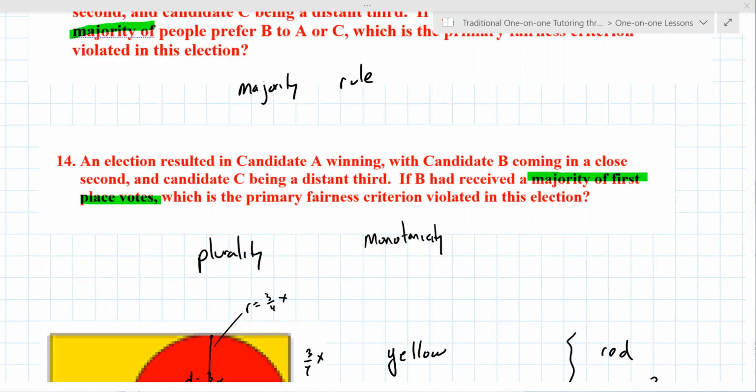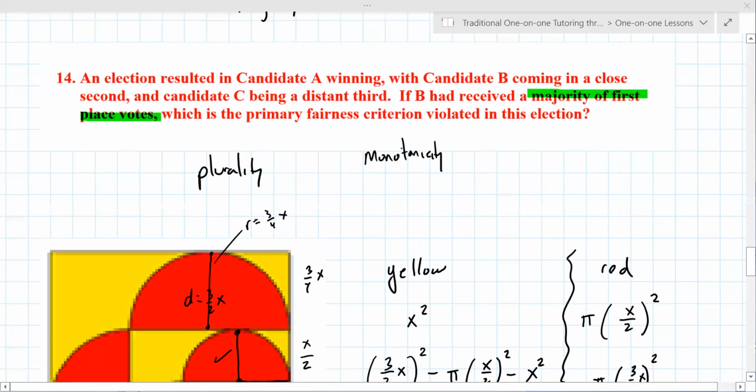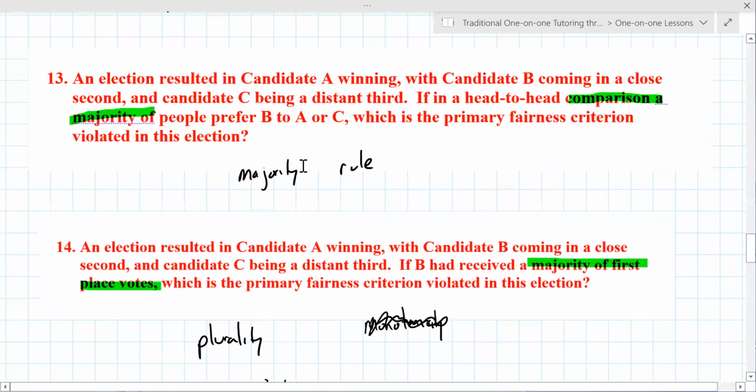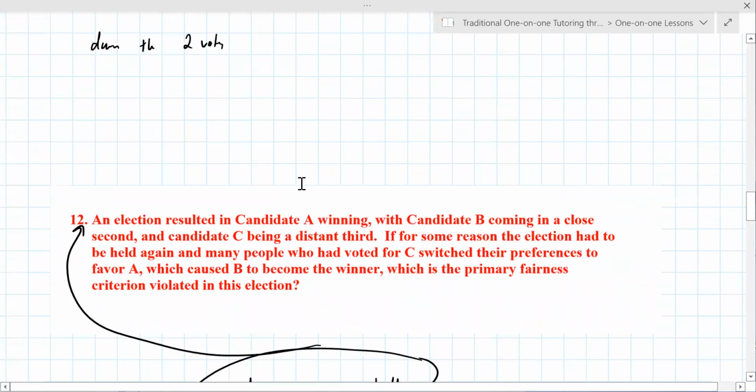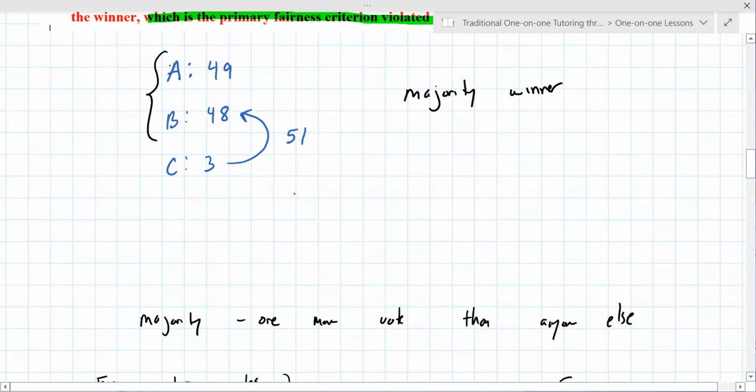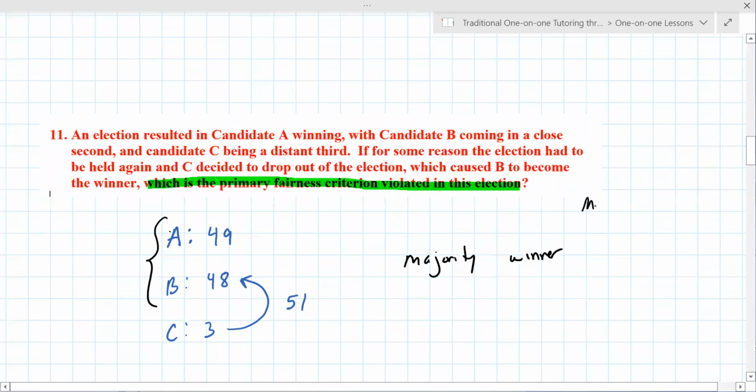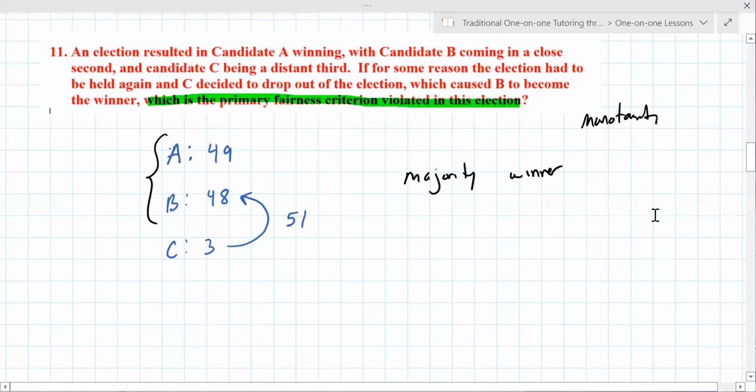See if there's anything else here. So here's my final. I'm going to say the first one is monotonicity.